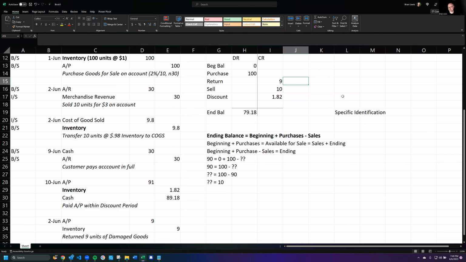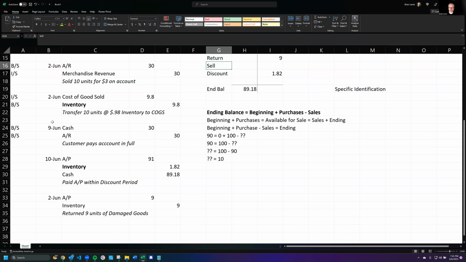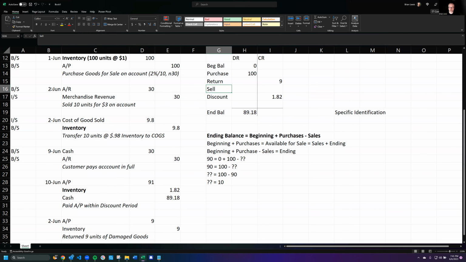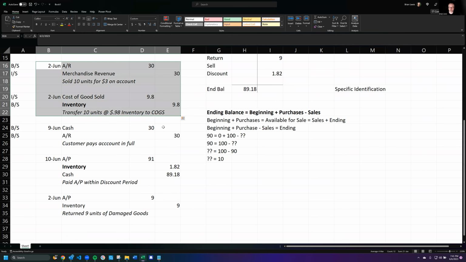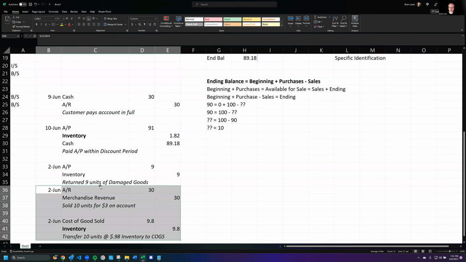Okay, so my average cost on this right now, let's take this out and let's put the sell. Let's make this a little easier. I know it's getting a little complicated. So let's say we sold this after we made the purchase. We move this down right here. We'll move this up a little bit.